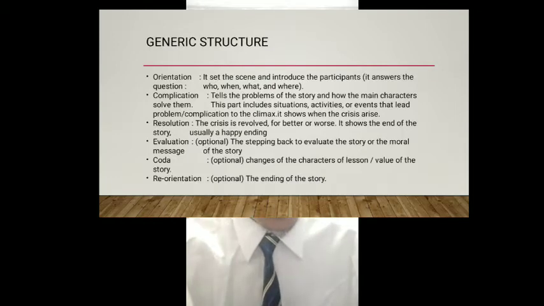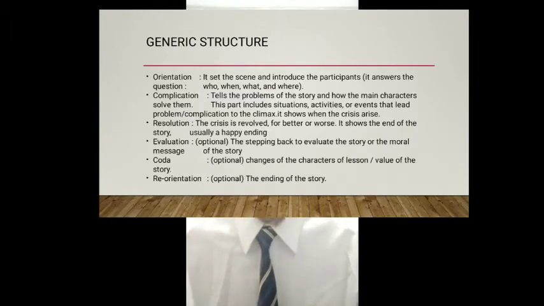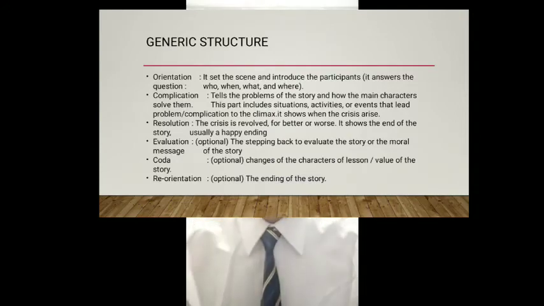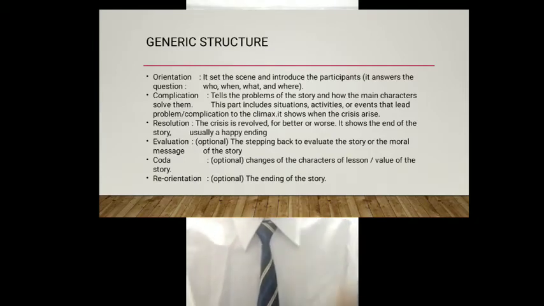Jadi, pada fase ini, pada fase orientasi, naratif teks itu menggambarkan sebuah pengenalan dari beberapa partisipan ataupun dari para tokoh-tokoh atau karakter yang ada dalam cerita tersebut, seperti itu. Yang bisa dijawab dengan pertanyaan siapa, kapan, apa, dan di mana. Who, when, what, and where.